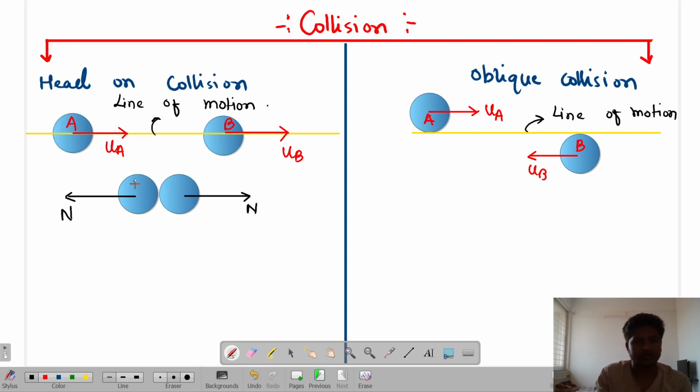The line along which both normals are present, we call the line of impact.